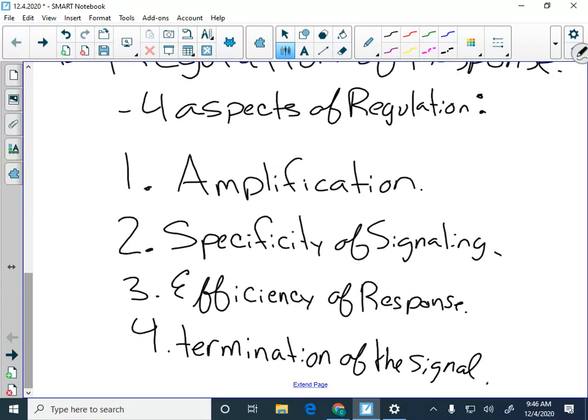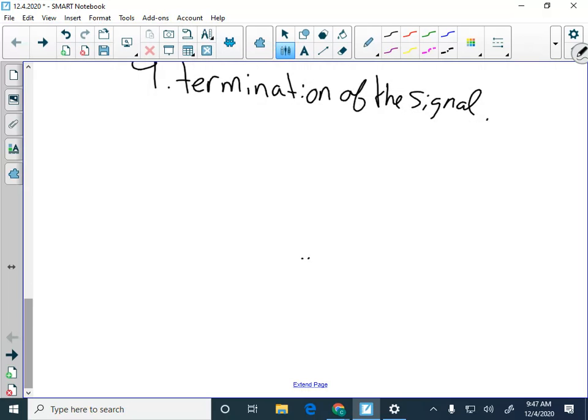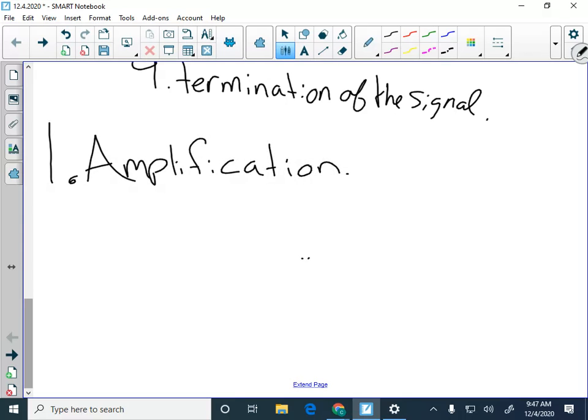Nothing too crazy. I think I've got one little picture for you, but overall, nothing too bad. So, starting with amplification. It's really big. The signaling pathways that we talked about yesterday, those phosphorylation cascades, are what amplifies a response.